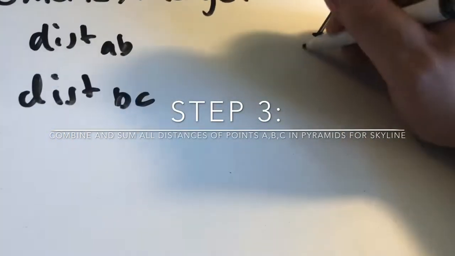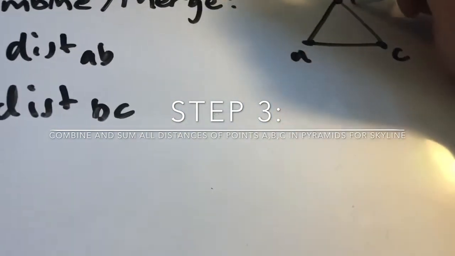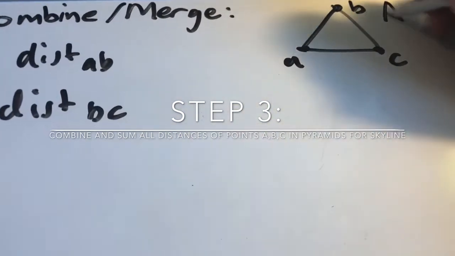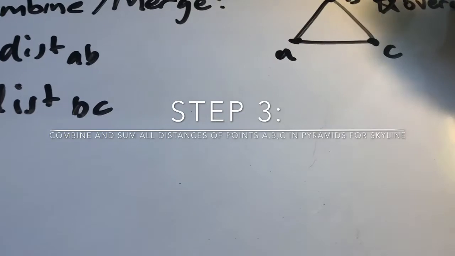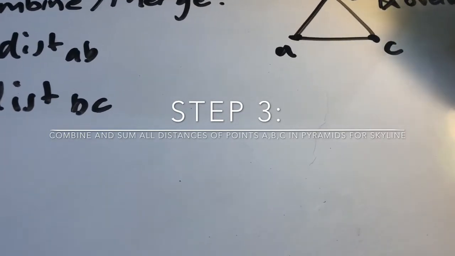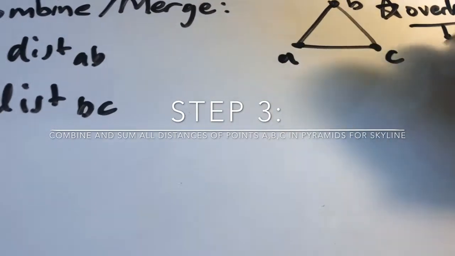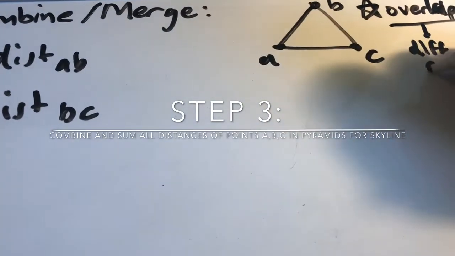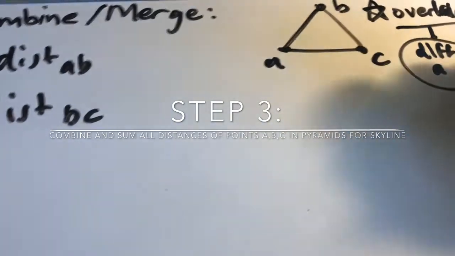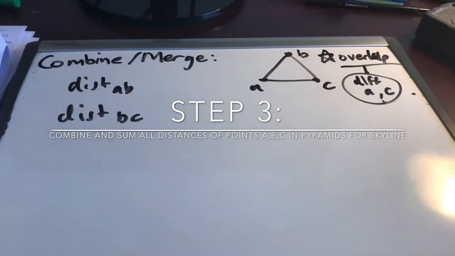We're only calculating the points A, B, and C. And do not worry, we have considered the overlap case, which means if you have overlapping triangles, it's not a big deal. You just simply find the difference between the AC and A and C points. We're generally assuming there's no big overlap.